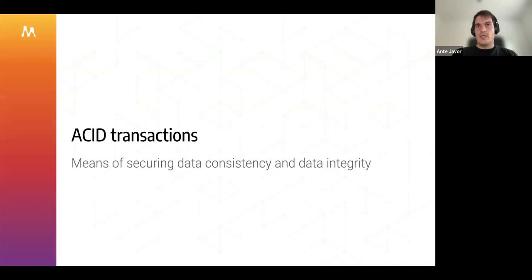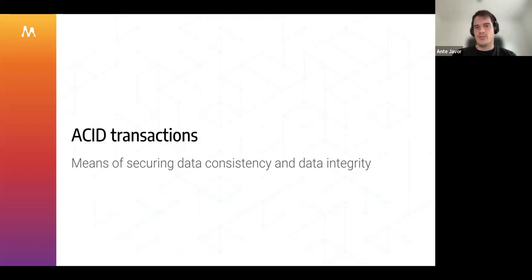So when we talk about data consistency and data integrity, ACID transactions will often pop up. The reason for that is that ACID transactions are essentially a means of securing data consistency and data integrity. They are present in most of the software called a database today, and they use the notion of a transaction.